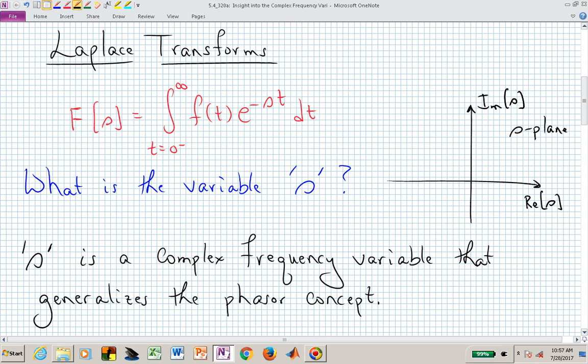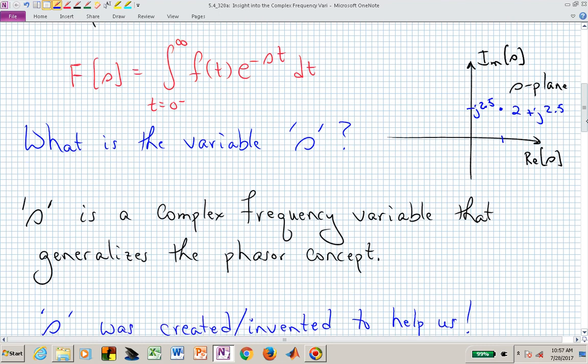It could be any value on this two-dimensional plane, and in this case it might have a value of 2 plus j2.5, if this is j2.5. That would be the value of s at that particular location. It would be a complex number.